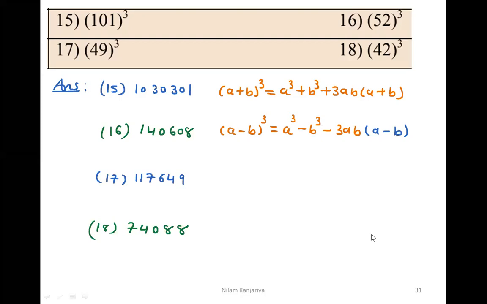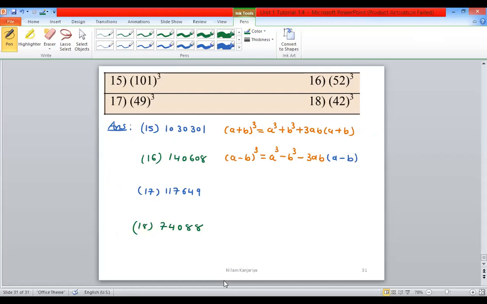So the next tutorial is not 1.5. I'm taking the 1.7 because the 1.6 is over, and the 1.5 is in the last of this unit because we need the graph paper.